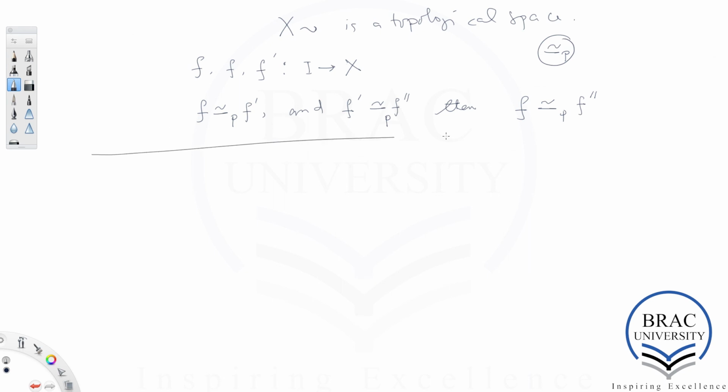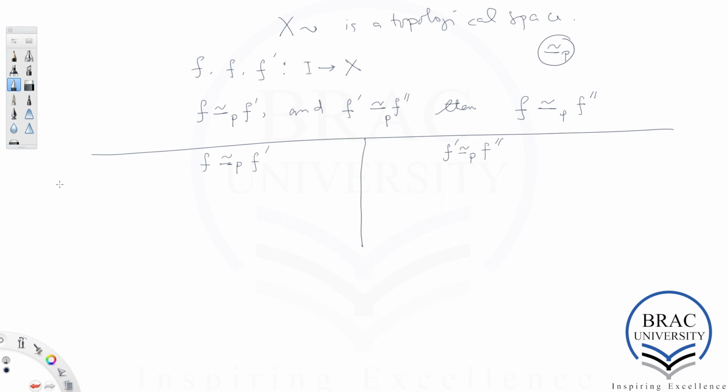So for this, we try to draw a table. We are given the fact that f is path homotopic to f prime, and we are also given the fact that f prime is path homotopic to f double prime.